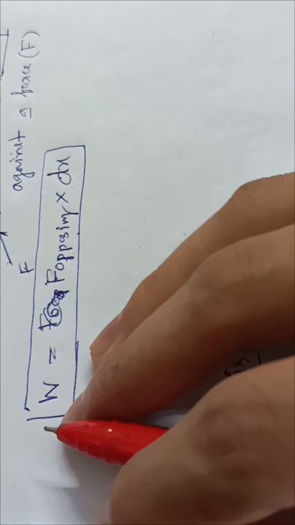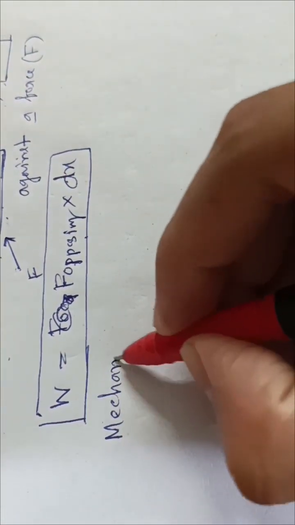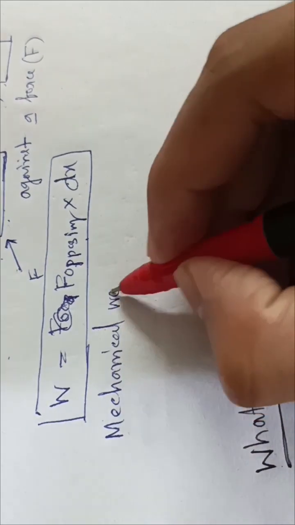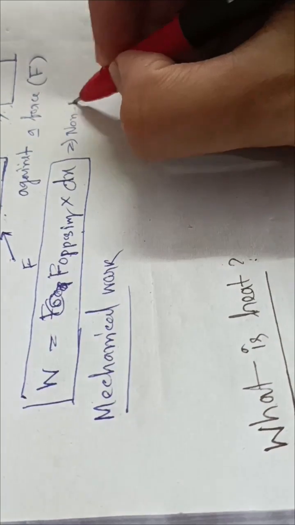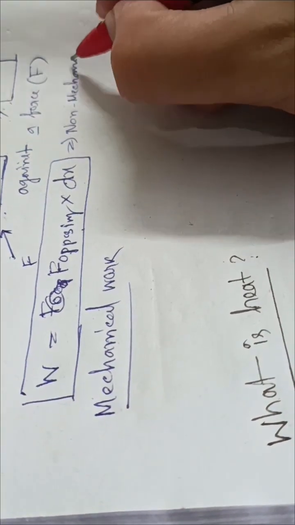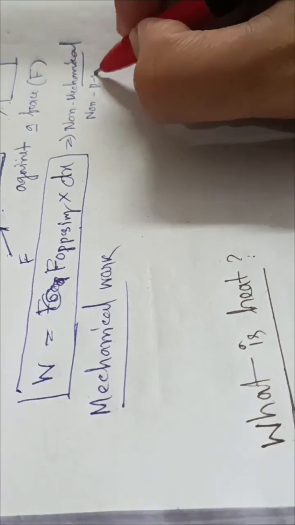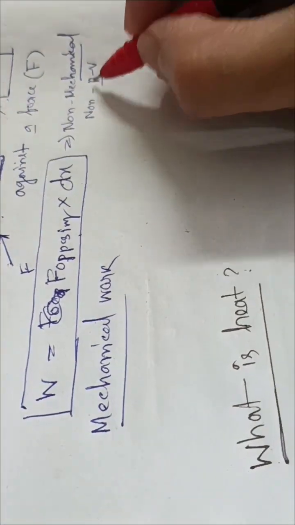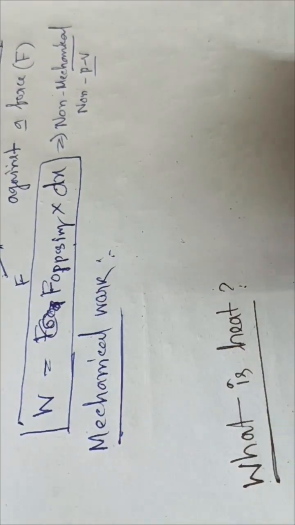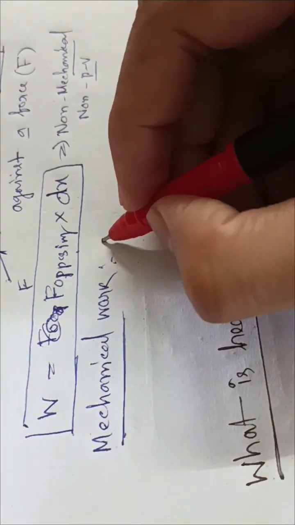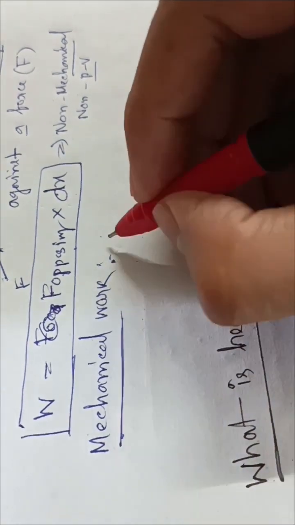There are different types of work. One is called mechanical work, and the other is non-mechanical. Non-mechanical means non-PV, non-pressure volume is not involved in this case. But mechanical work means pressure and volume are involved.